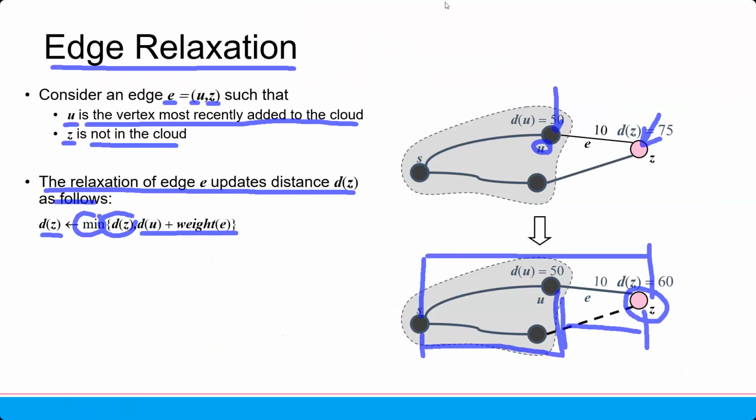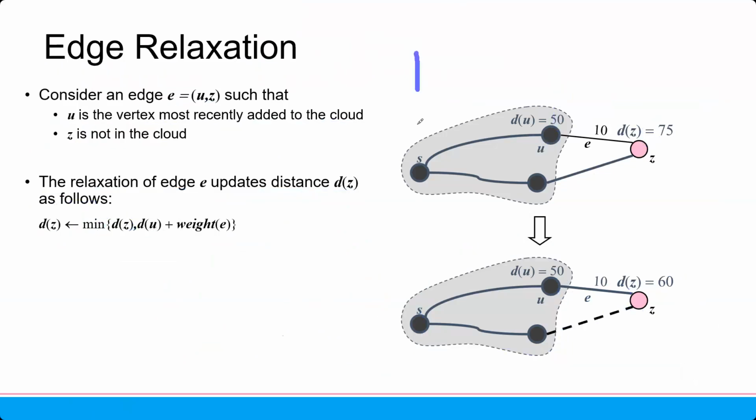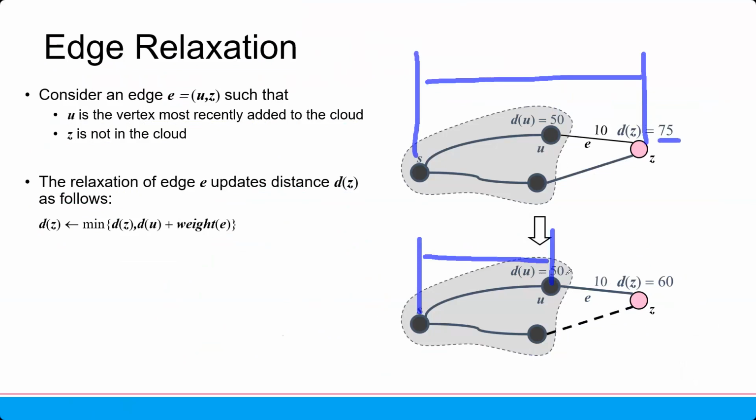Then we can do, let's say this one. The distance from S to Z is 75. But I want to check the distance from S to U. Okay, the distance from S to U is 50.